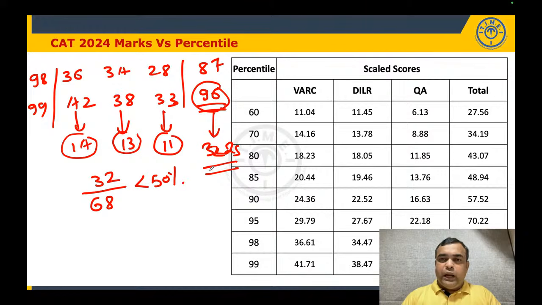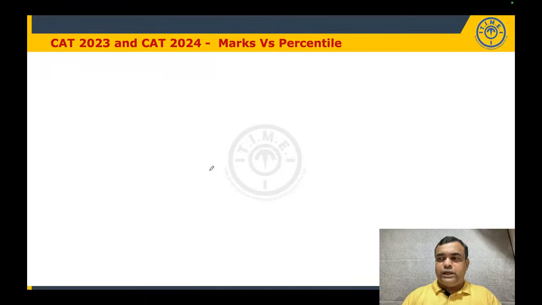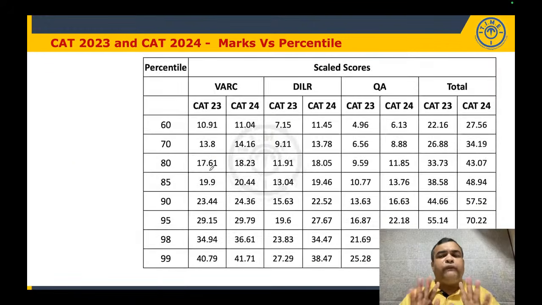Fine. Okay. Now I'll do a comparison of 23 and 24. Can you do this comparison so you'll have an idea about it? If somebody asks me how many marks are required for a particular percentile, one thing you need to understand is this. Look here, last year, can you see the QA part, the maths part?